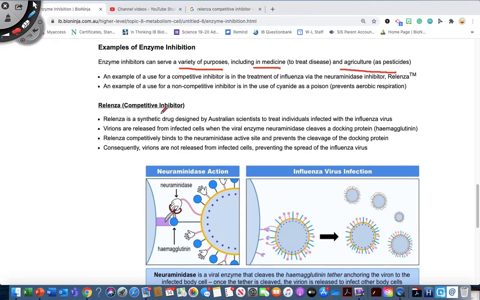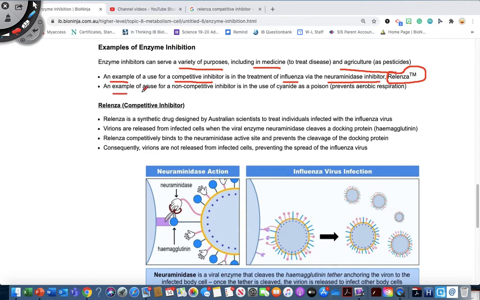The two examples that we're going to look at today: an example of a competitive inhibitor called Relenza, and this is the trademark name. What Relenza is, it's an influenza neuraminidase inhibitor. And we'll go over that in just a second.